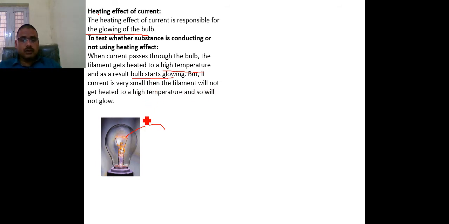Whenever the current flow in this particular path is very small, the bulb will not glow, and if the bulb does not glow, that shows the current is very small. When the current is very small, the filament will not get heated to a high temperature, and so it will not glow. This shows that the current also creates a heating effect.